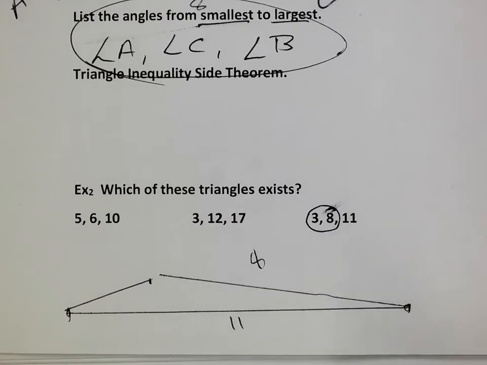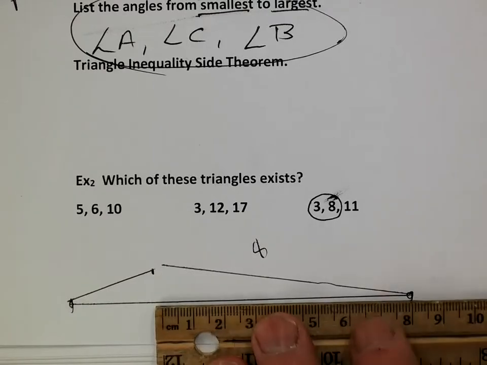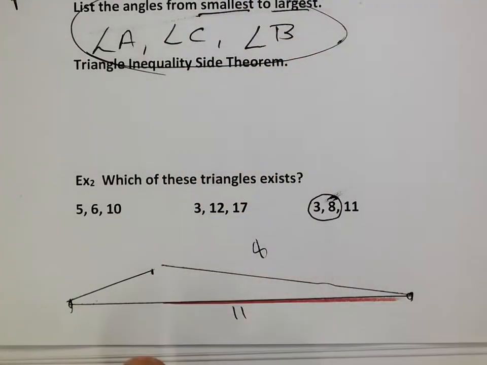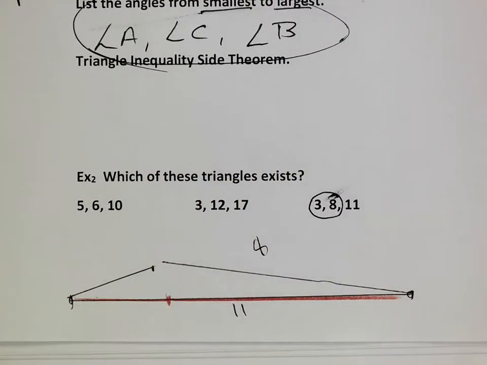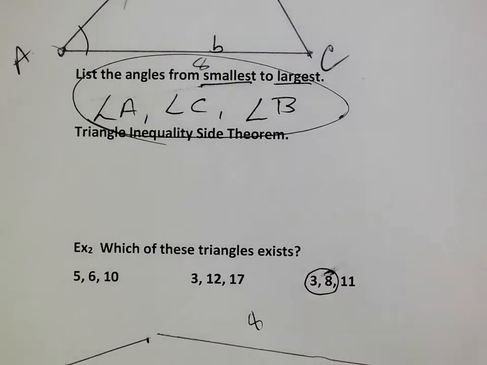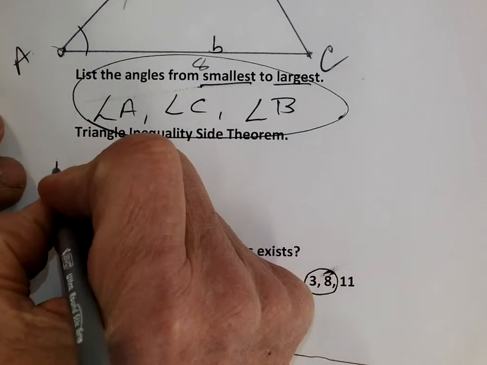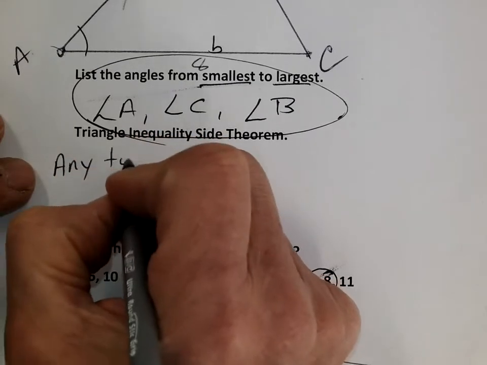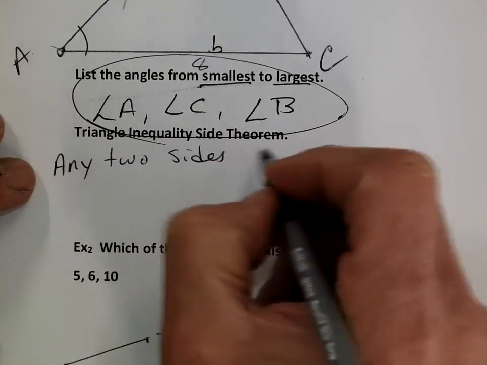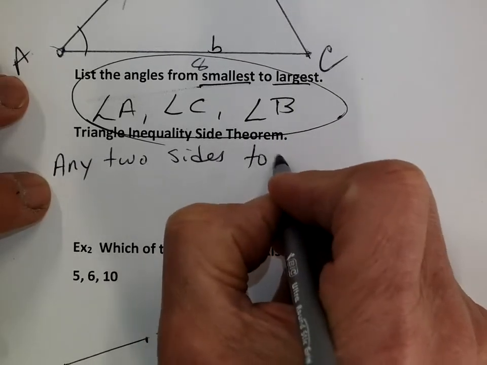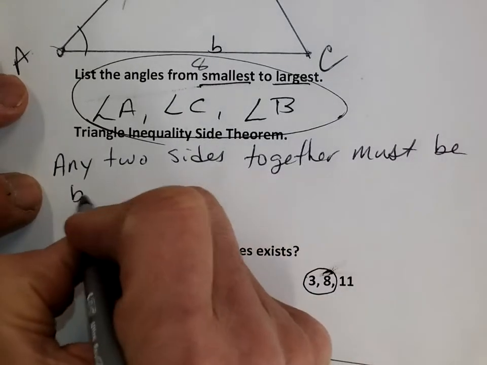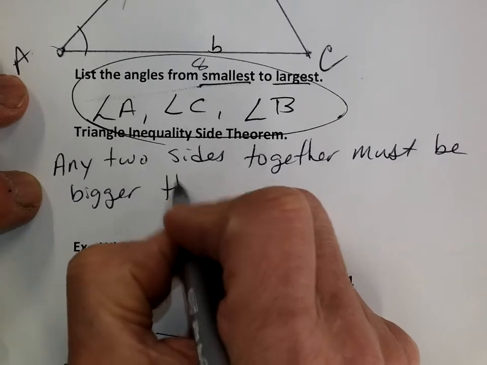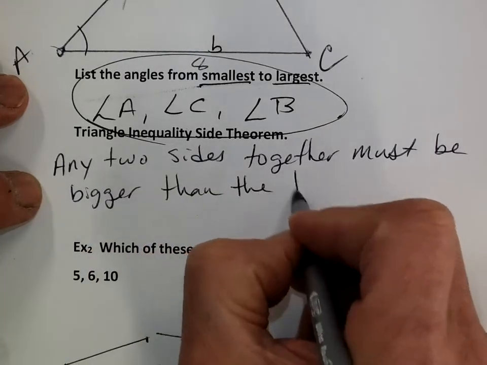The best you could do is lay it straight down, so the 8 collapses all the way down like this, and the 3 collapses down like this, and they just barely touch there, but that's not a triangle. So here's what the triangle inequality side theorem says: any two sides together must be bigger than the third.